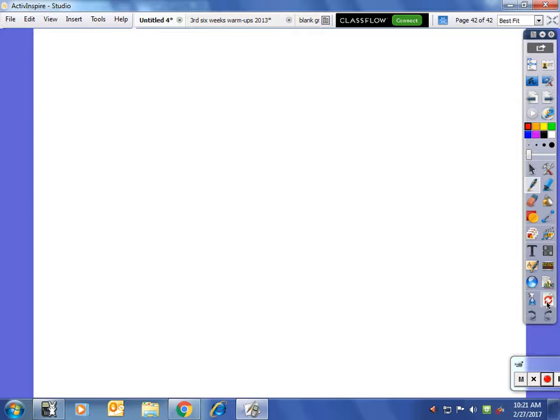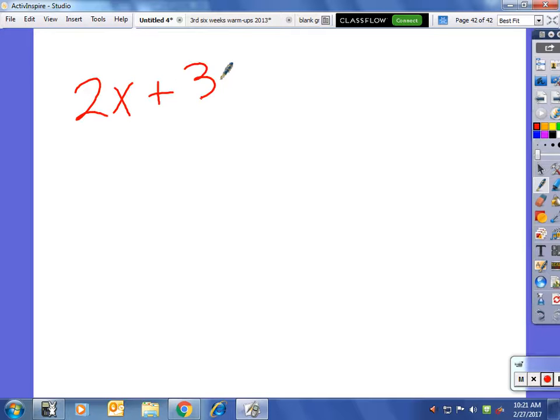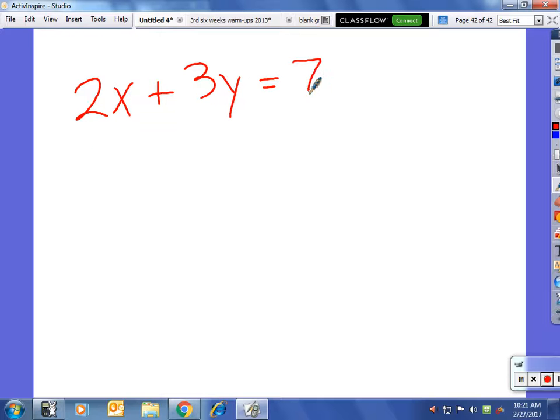All right, try this one, please. 2x plus 3y equals 7. 3x minus y equals 5. I would strongly suggest calculator. If you are just bound and determined you're going to be a substitution person, which equation should you move around then?